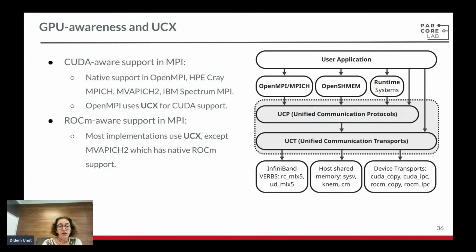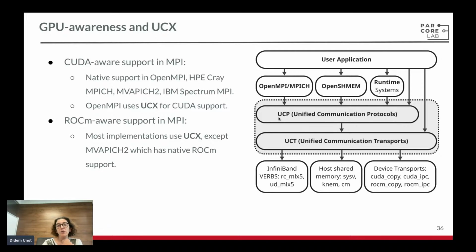Okay, so speaking of UCX, I mentioned UCX a couple of slides back. UCX is a communication framework, and it tries to unify the communication protocols. So at the top, you have the communication libraries like MPI, SHMEM, or NCCL. And then it has a communication protocol API, to which those library APIs are lowered.